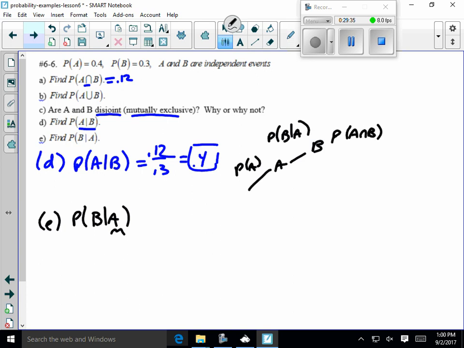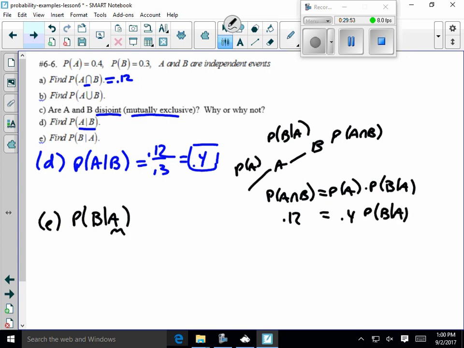So the AND formula tells me the probability of A and B would be the probability of A times the probability of B given A. And I've calculated that the AND probability is 0.12. Probability of A is 0.4, so the probability of B given A would just be, divide both sides by 0.4. So it's 0.12 out of 0.4, which turns out to be 0.3.